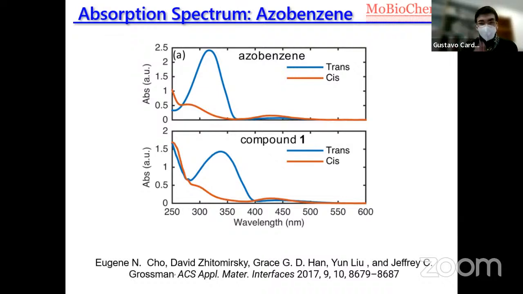So if we computed the excitation from the ground state to the first excited state, we would obtain a single energy. Here it is represented in nanometers, but we have different energy units. These axes represent energy, so when you compute that single excitation, you would obtain a single bar.